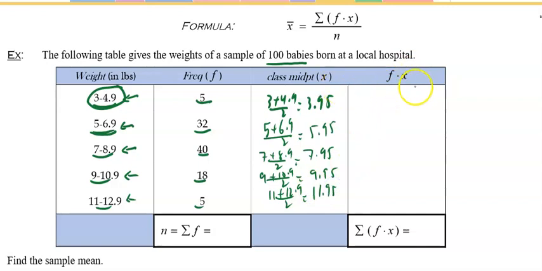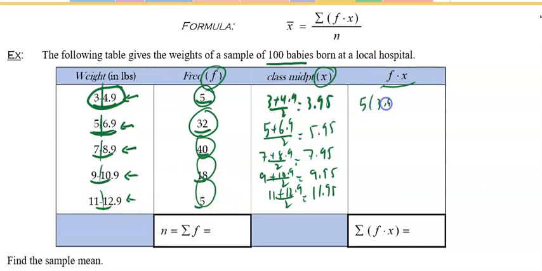Now this says multiply the frequency times the midpoint. So since we don't know how many people weigh 3, 3.1, 3.2, we take the average of this multiplied by the 5, the average of this multiplied by 32, and we say that's about the total. So we take 5 times 3.95. We take 32 times 5.95.